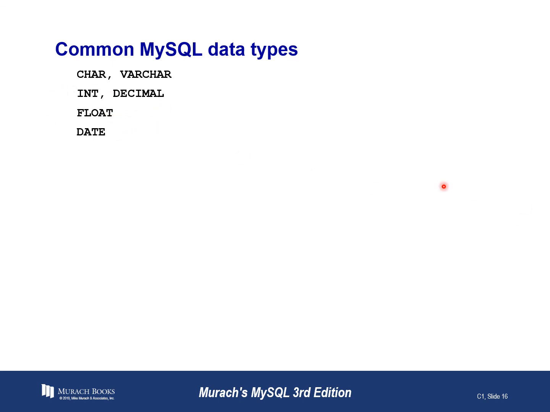Float can store smaller floating point numbers, and date can store dates. All right, so that's it for this slide.